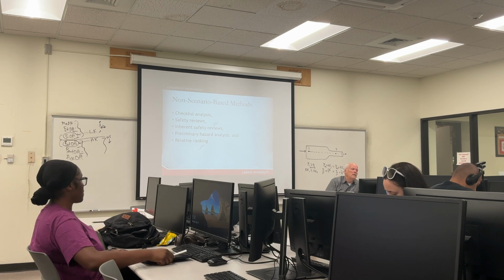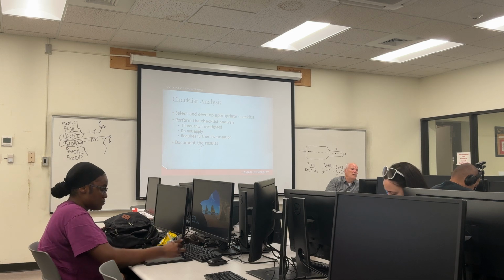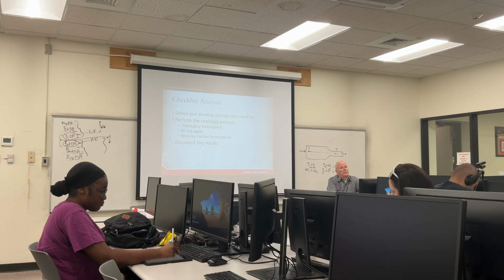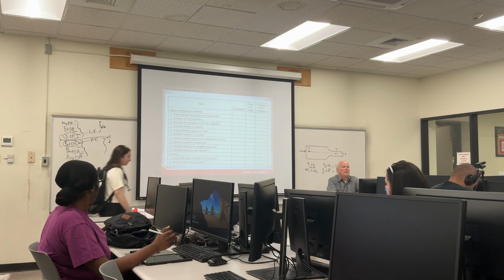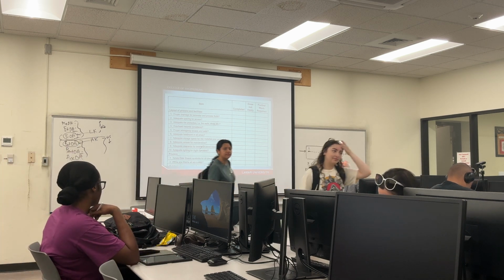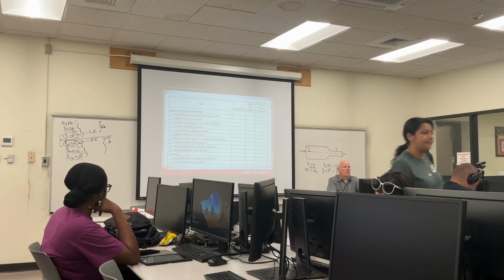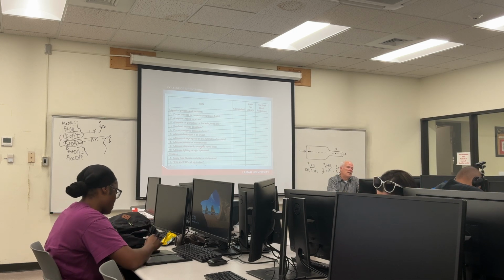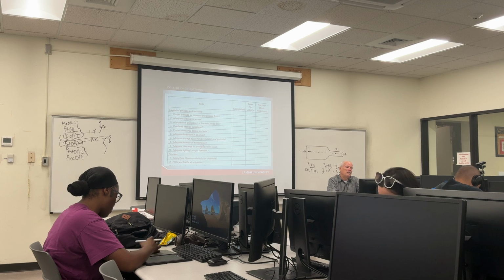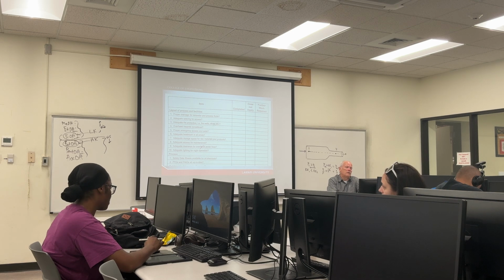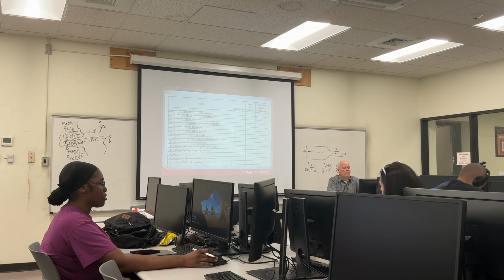Okay, so let's see. Non-scenario, we go through a little more details of the checklist. Here's an example of the checklist. So you would say, oh, is it properly laid out? Is there proper drainage? Is it adequate spacing? Do you have fire protection? Have you considered overhead hazards? Do you have headroom, storage for raw materials, clearance for power lines, that sort of thing.